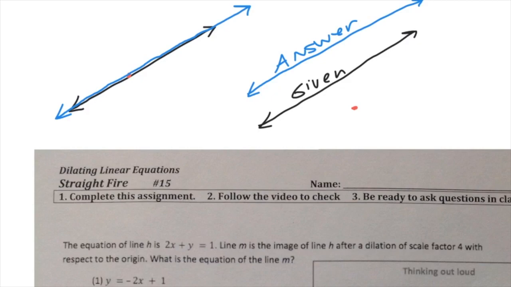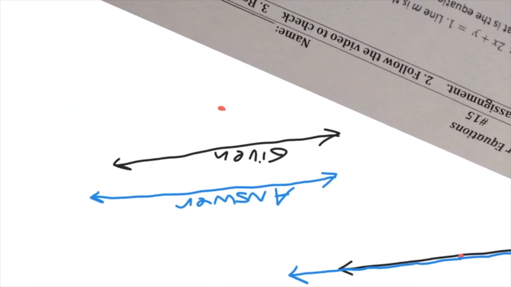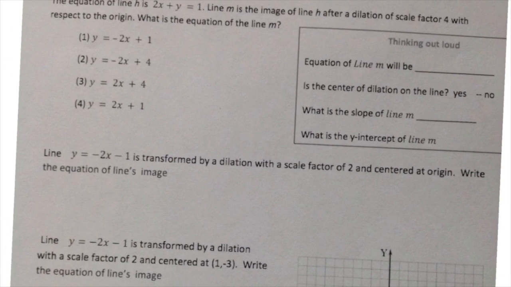But in this case, the answer would be placed higher above the given line. If it was reversed, where the center of the dilation was above the given line, the answer will be a parallel line pushed below the given line. Well, let's actually take a look at the specific examples, but that's basically it.